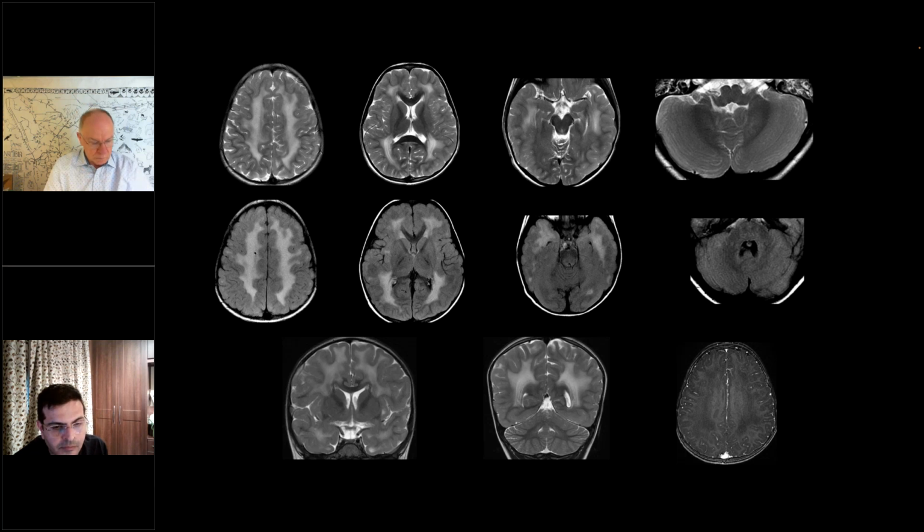So for this, we had sent genetics. Okay, I'll take it from here. So here again, you have diffuse white matter abnormalities, relative sparing of the U fibers and the corpus callosum, no cortical malformations, deep gray nuclei are normal.